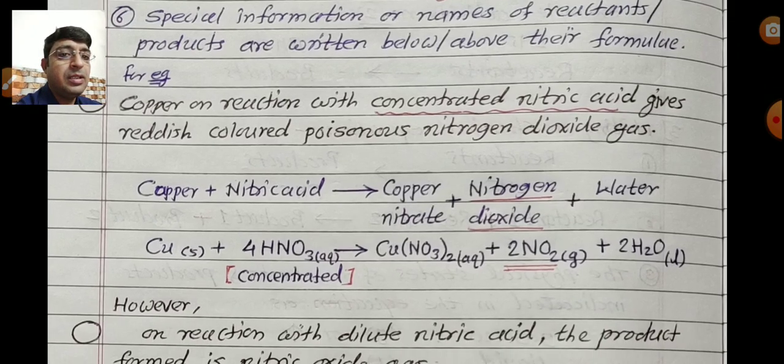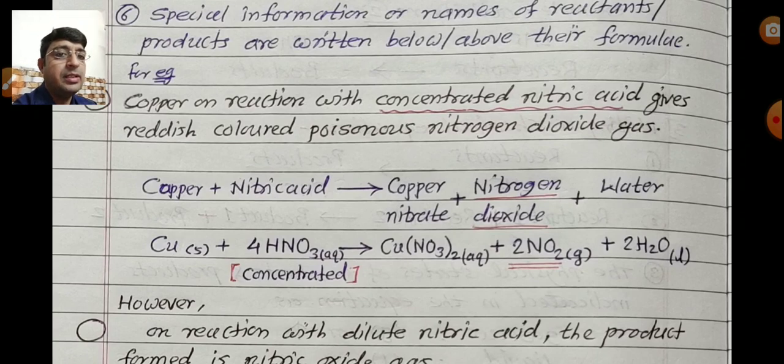So copper, Cu, solid in state, reacts with nitric acid, HNO3, concentrated, 4 molecules are required, to form copper nitrate in aqueous state, Cu(NO3)2, plus 2 molecules of NO2, nitrogen dioxide in gaseous state, a poisonous gas, plus water, 2 molecules are formed, 2H2O in liquid state.